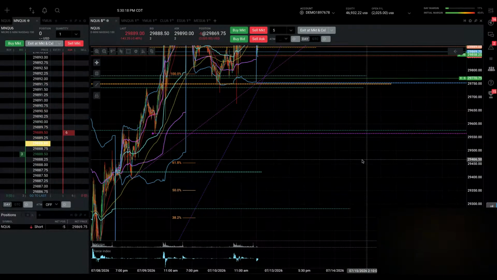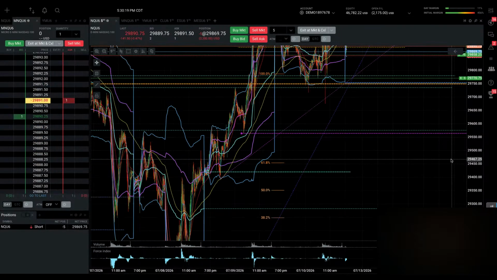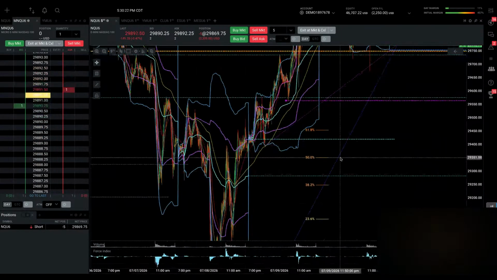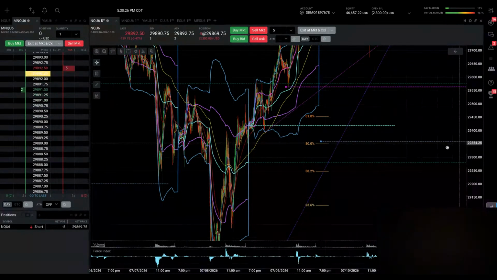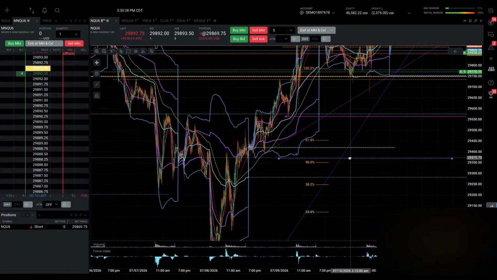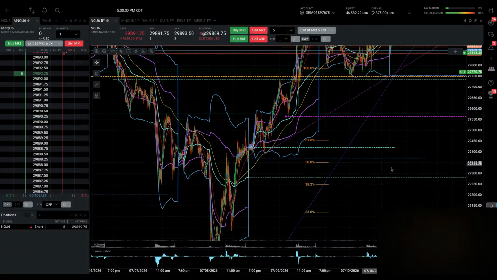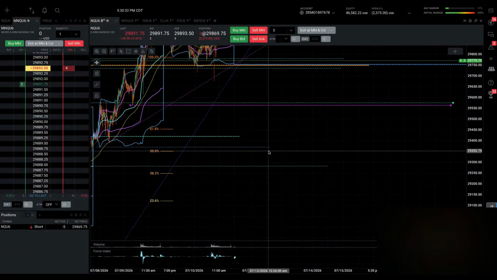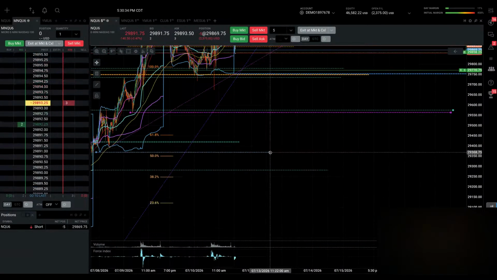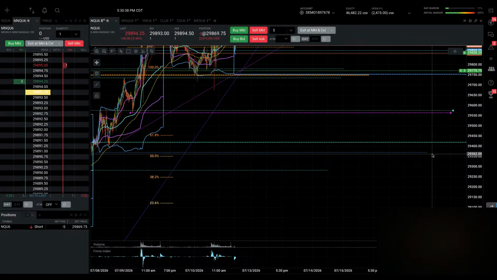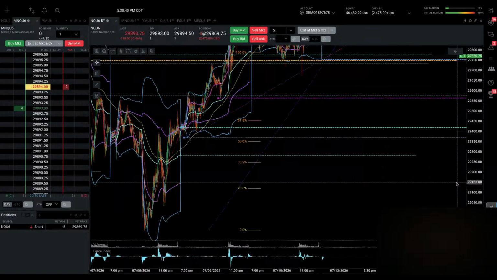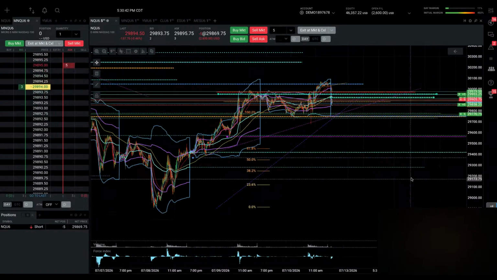All right. And into this lower VWAP level, which will be another zone that we'll have into tomorrow, tonight.